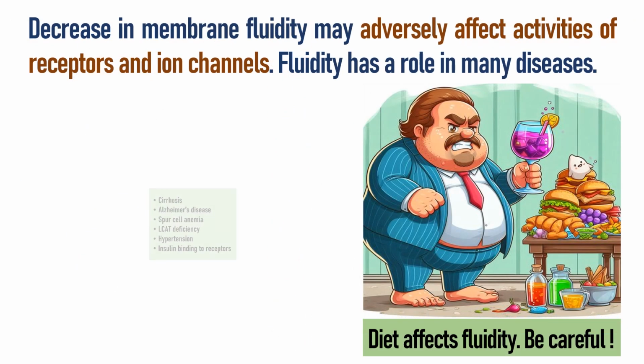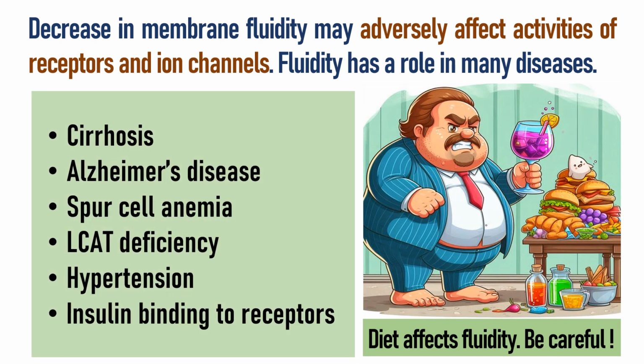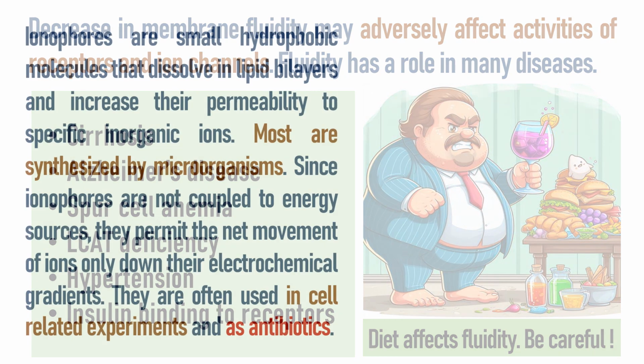Decrease in membrane fluidity may adversely affect activities of receptors and ion channels. Fluidity has a role in many diseases, such as cirrhosis, Alzheimer's disease, sickle cell anemia, alkali deficiency, hypertension, and insulin resistance.